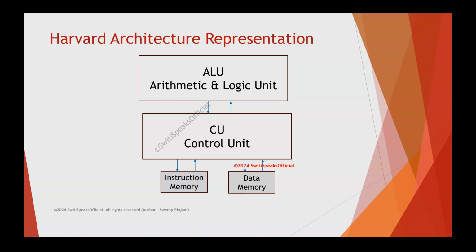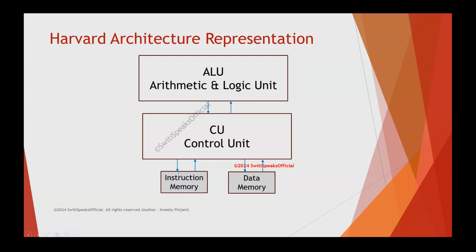Now let's talk a little about the buses, since it is different in Harvard architecture. If you remember, in von Neumann architecture, we discussed there is a data bus which carries data, there is an address bus which carries address, and there is a control bus which carries the control information. In case of Harvard architecture, you have two different sets of buses for instruction and data.